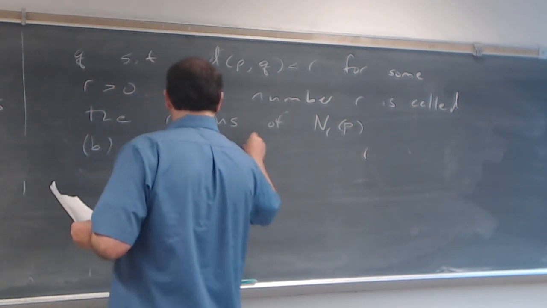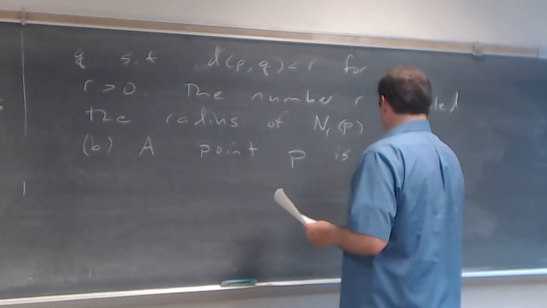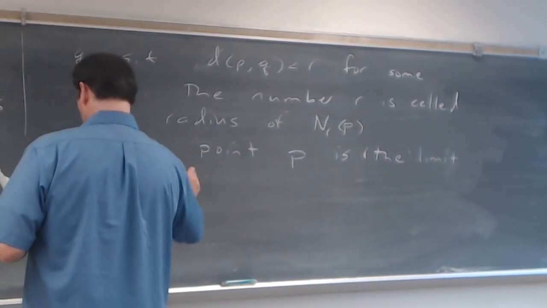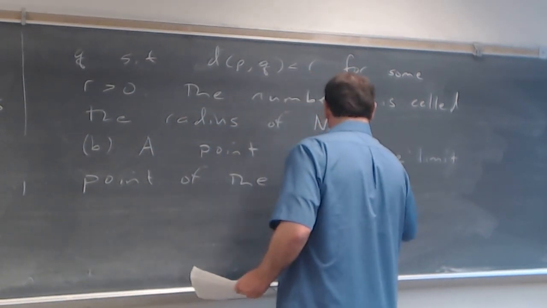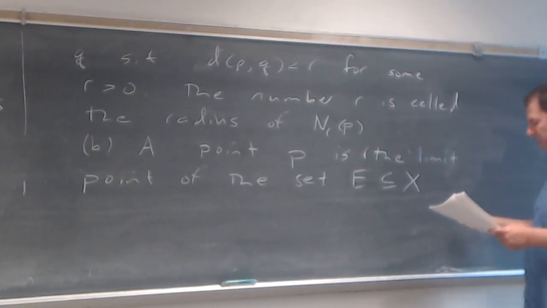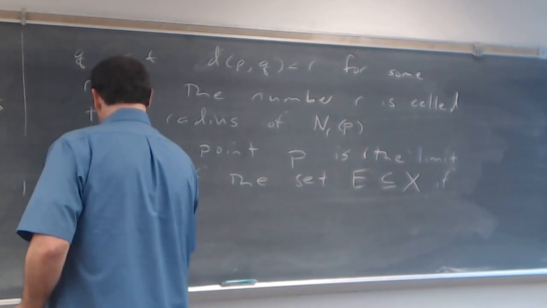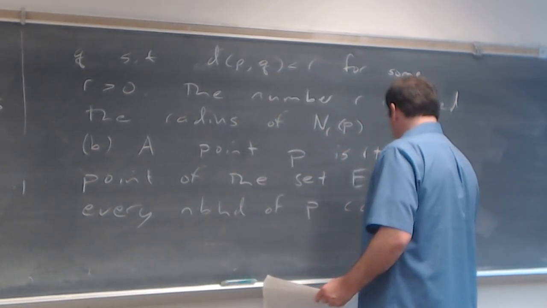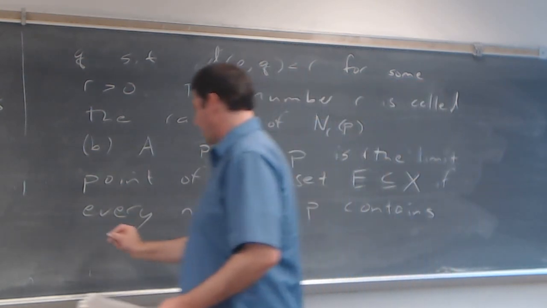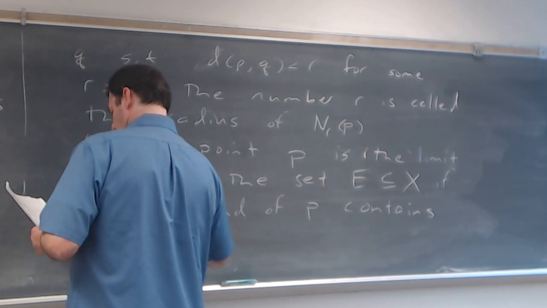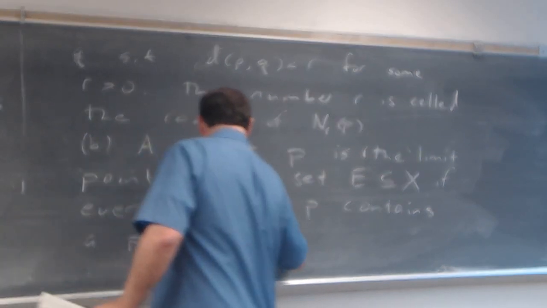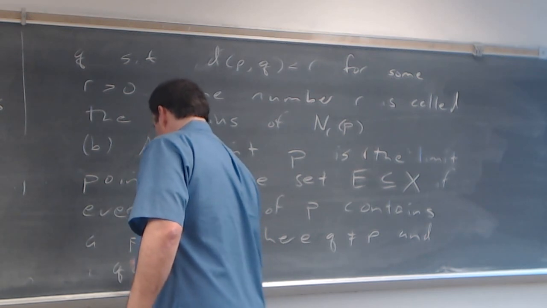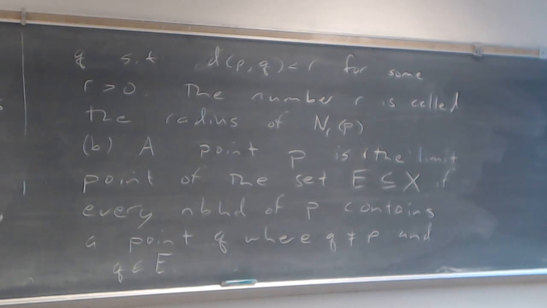So a point P is a limit point of the set E, a subset of our metric space X, if every neighborhood of P contains a point Q where Q is different than P and Q is an element of E. That's what it means for P to be a limit point of E.